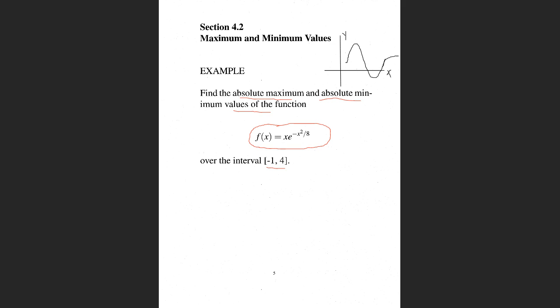Well, actually, hold on. If I restrict the interval over which the function's defined to go from a to, I'm not saying that this function f of x equals x times e to the negative x squared over 8 is what I'm drawing up here.